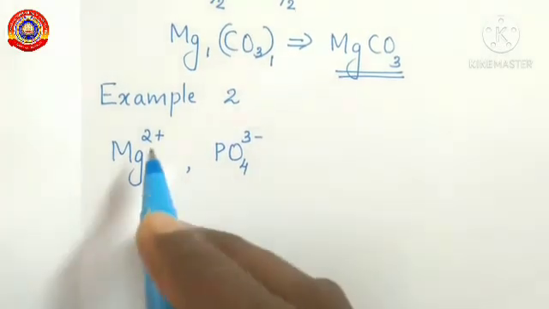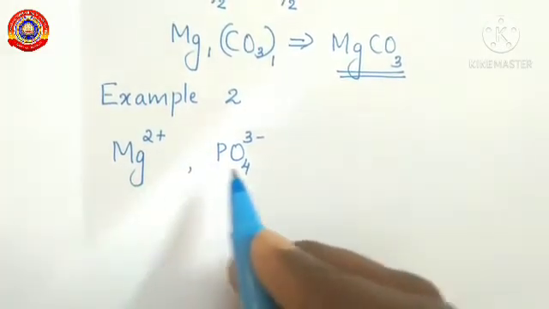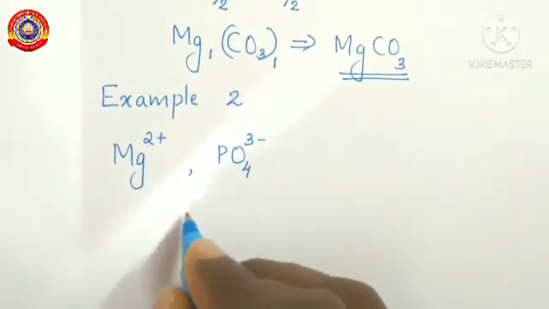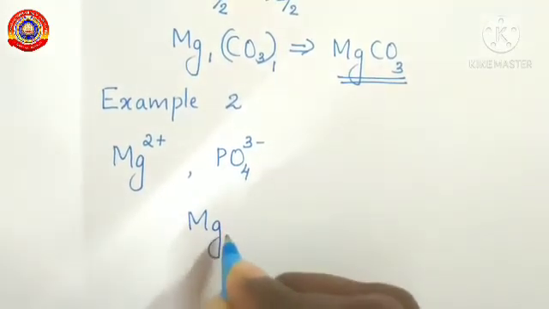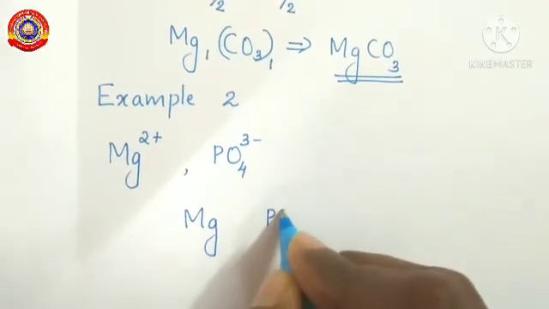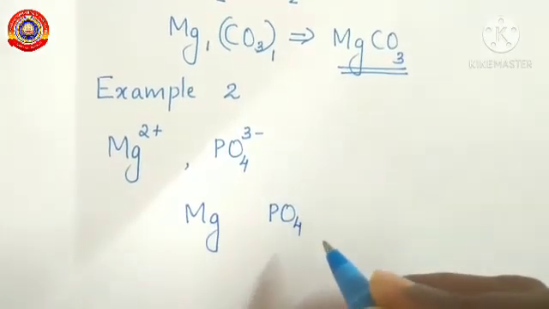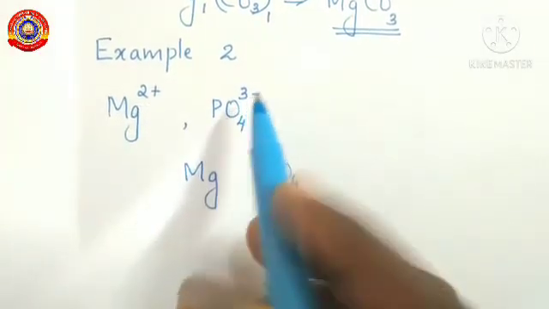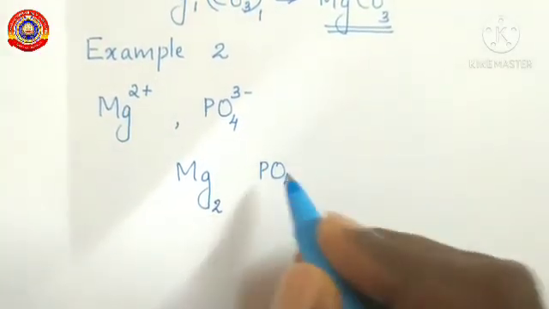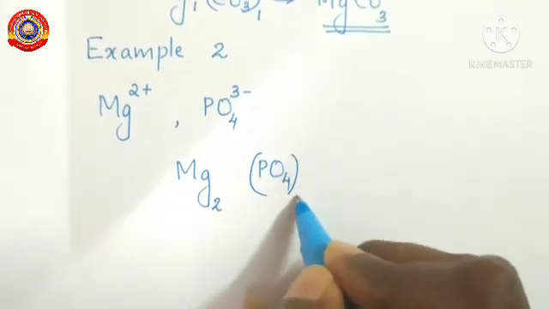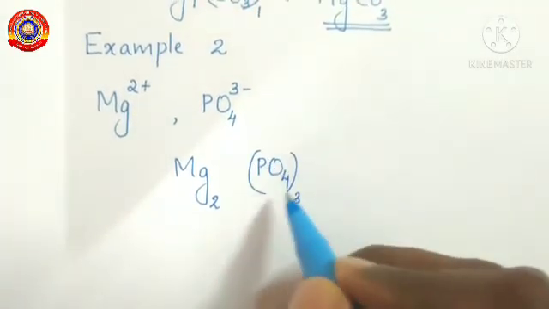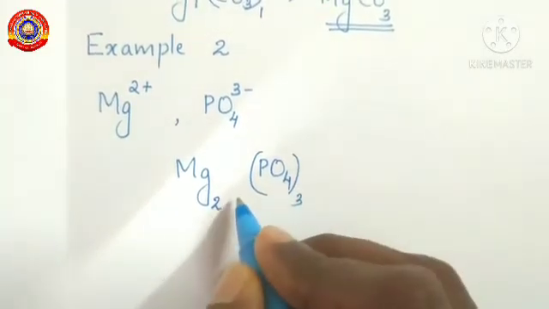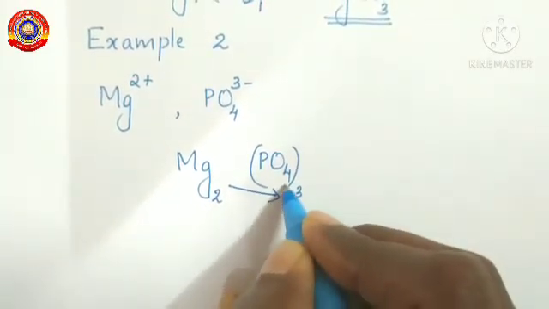Here the cation is Mg2+ and the anion is PO4 3-. In the first step, we should write the symbol of the positive ion first and then the symbol of the negative ion. Then write the number of charge of each ion as subscripts. For magnesium it is 2 and for phosphate it is 3. Remember, we have to use brackets when writing ions with multiple atoms.